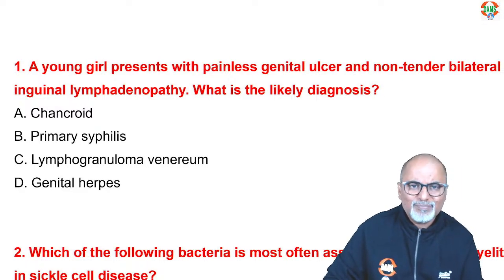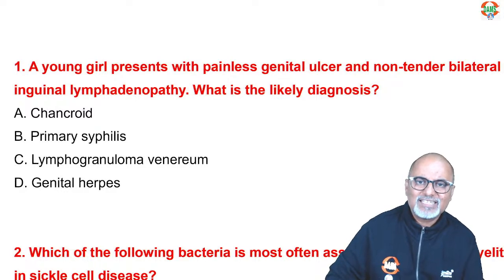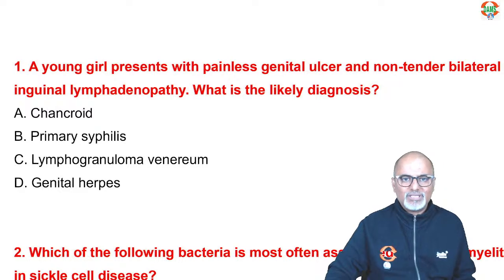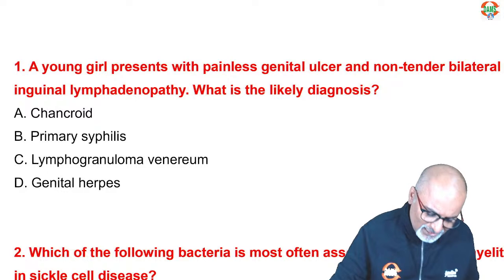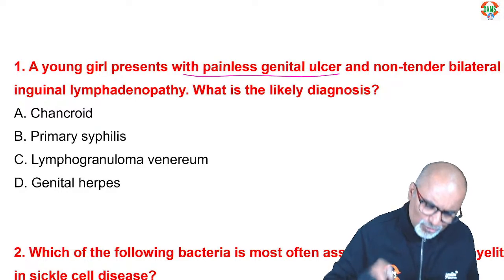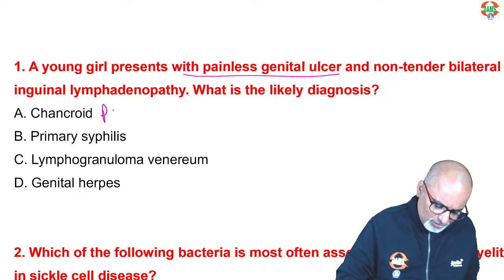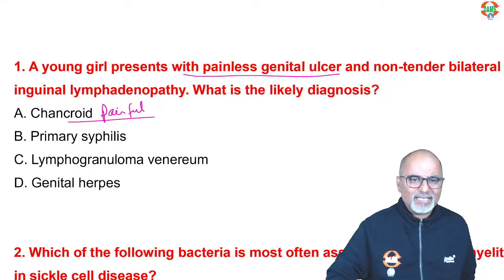A young girl presents with painless genital ulcer and non-tender bilateral inguinal lymphadenopathy. What is the likely diagnosis? See, painless genital ulcer, that is a first clue. Chancroid is painful, Haemophilus ducreyi.